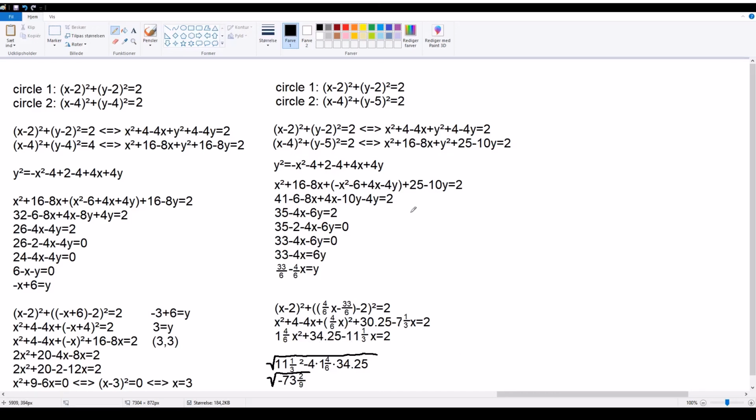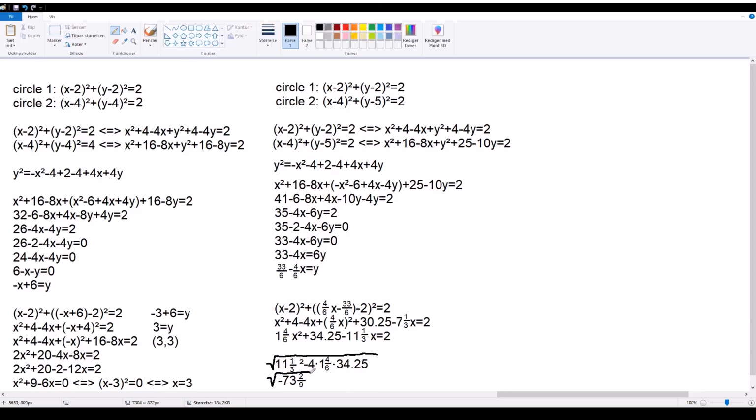Next, to check if the two circles intersect, we simply use the discriminant for the quadratic equation. So we plug in our values. Our b value is going to be 11 and 1/3, our a value is going to be 1 and 4/6, and our c value is going to be 34 and 1/4.